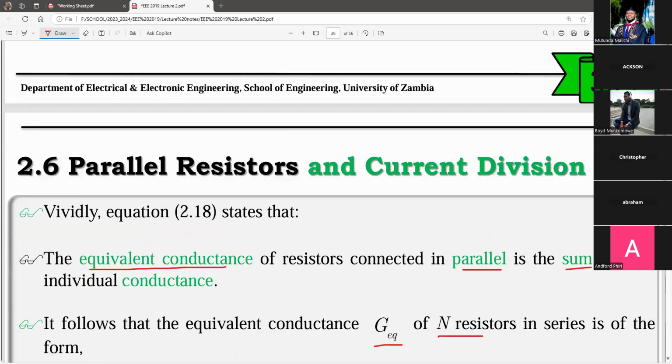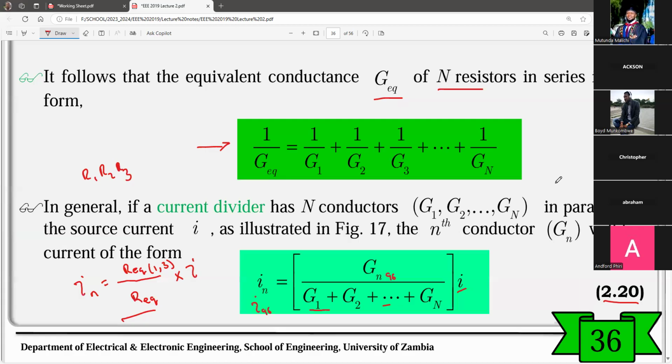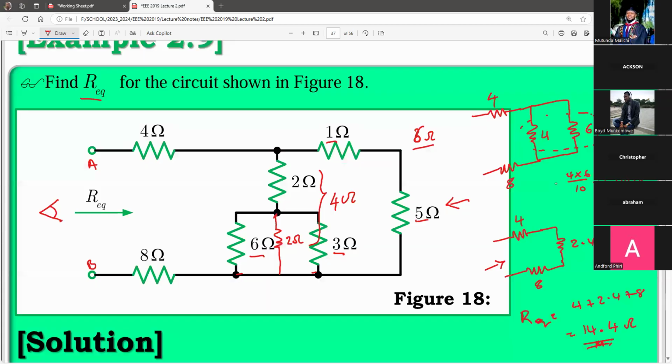Okay. On the same example, what I was saying is if you look at these resistors, there's 1 there and there's 5 here. With respect to this point N and Q, how are 1 and 5 connected? That's your question, Axon.